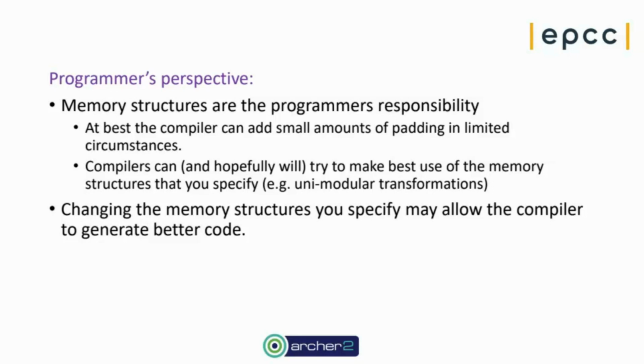But the compiler has very limited ability to affect the way that data is laid out in memory. At the very best, we can hope that the compiler adds a bit of padding in the appropriate places, or gets the alignment right. But apart from that, there's not very much that the compiler can do.